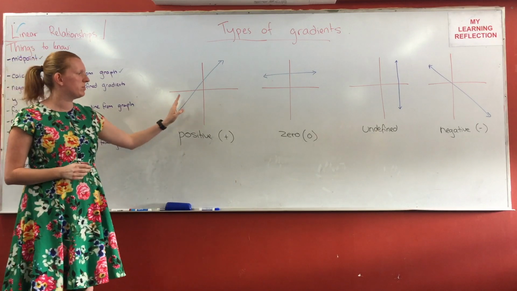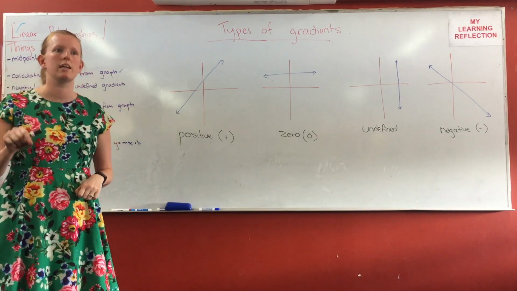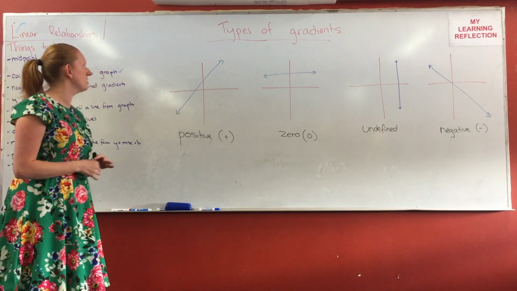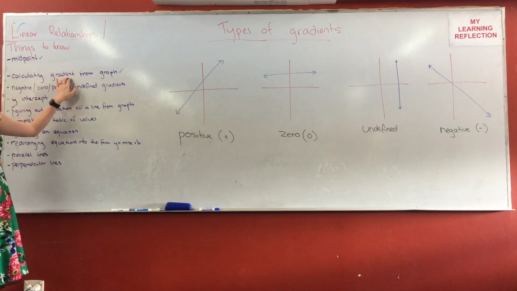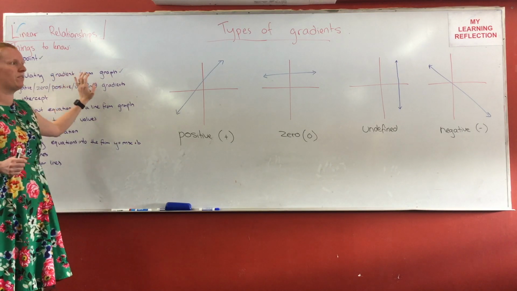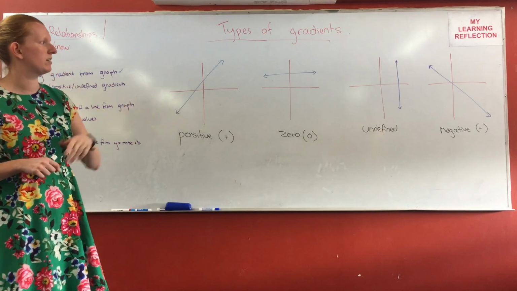If it's sloping upwards, you don't need to do anything else. But if it's sloping down, you need to make sure your answer is negative. So that's the downside of calculating the gradient from a picture like we just did, because it won't tell you if it's positive or negative. You have to look at it and make that call yourself.